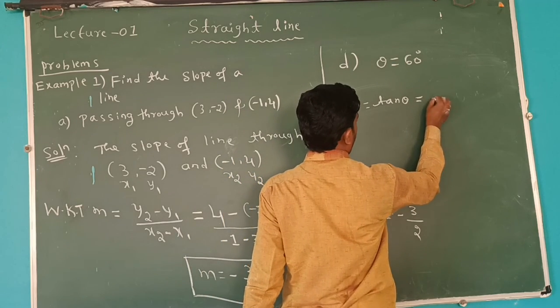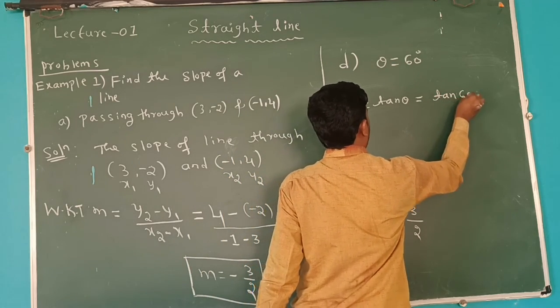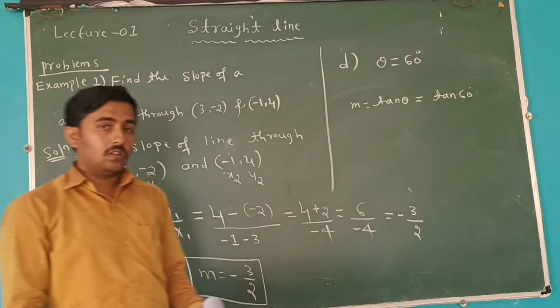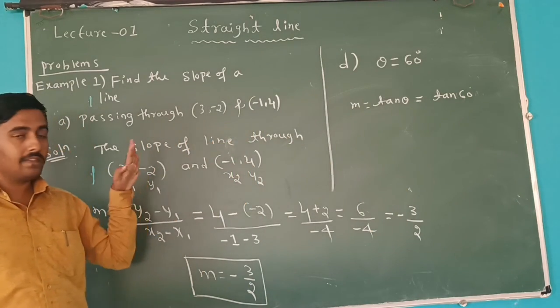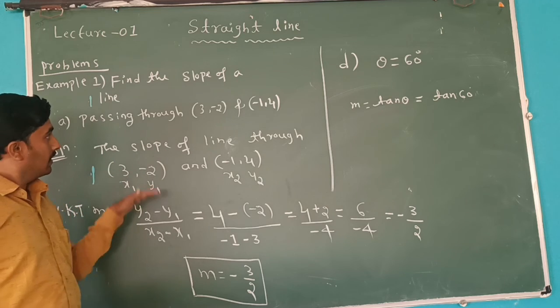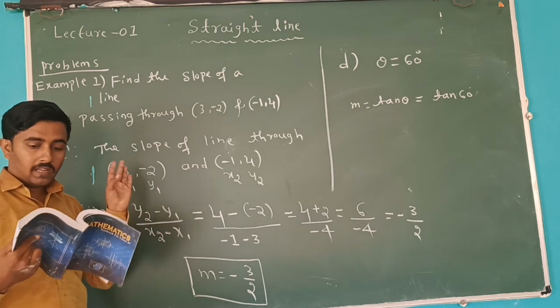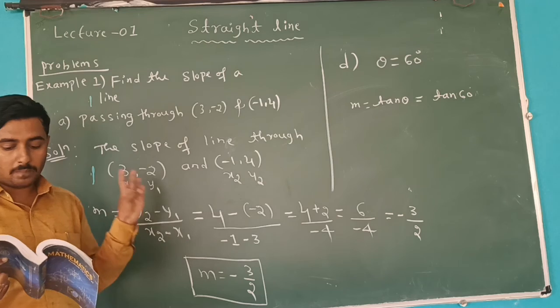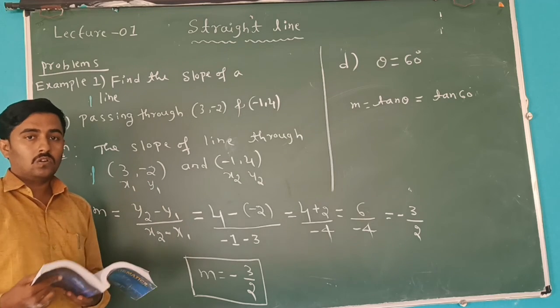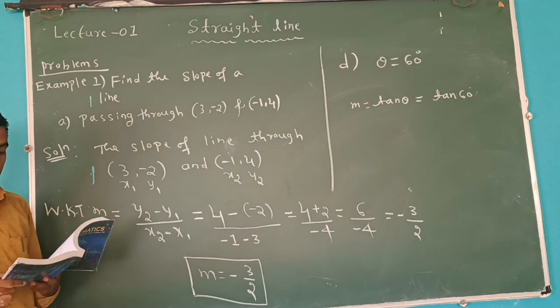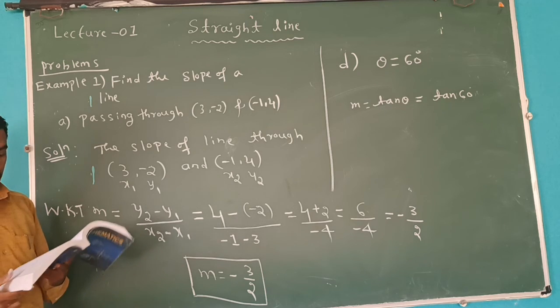So this is equal to tan of 60 degree. What is tan of 60 degree? Write down that one. That is the slope of the given line. Clear? Example number 1 A is already solved. B, C, D are homework for you. So solve this one.